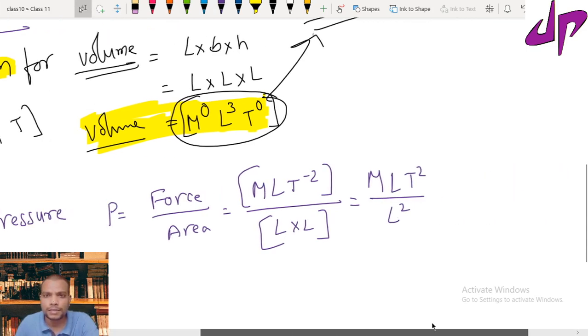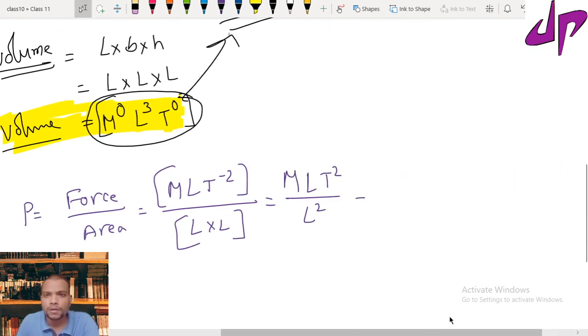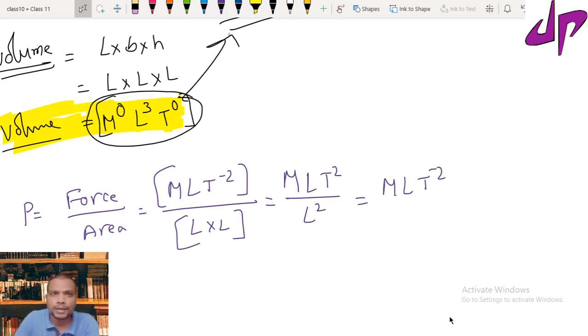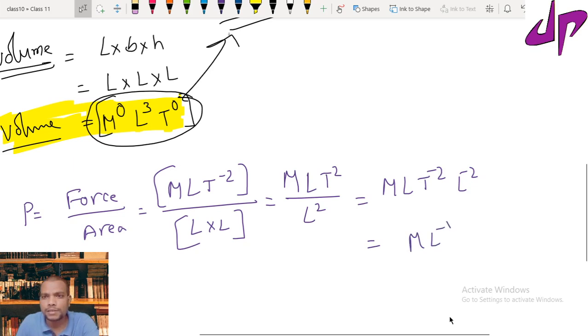If we take the denominator to the numerator, L square becomes L power minus 2. So the final expression is M L power minus 1 T power minus 2, and these are the dimensions for pressure.